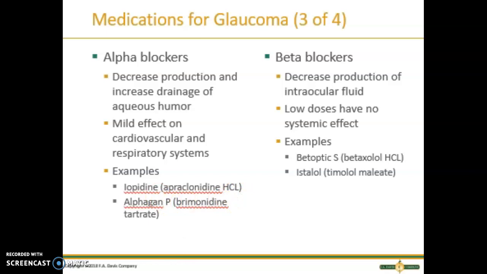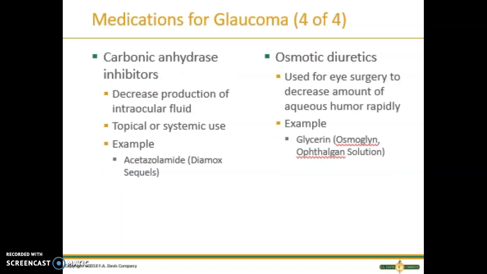Beta blockers decrease the production of the intraocular fluid. Low doses have no systemic effect, and betaxolol HCl would be an example of this. Carbonic anhydrase inhibitors decrease production of intraocular fluid.